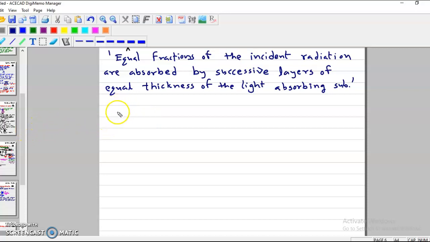Now when we write this mathematically, we write like this: minus dI upon db is equal to kI.